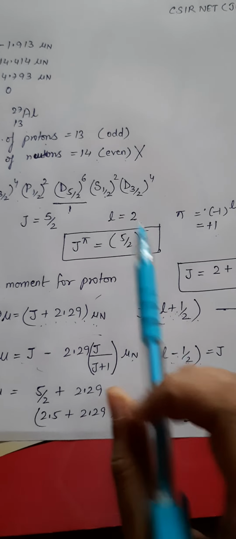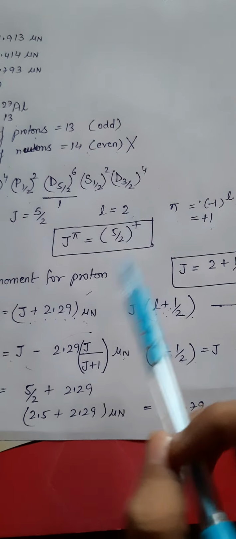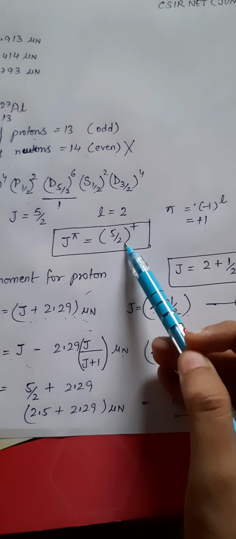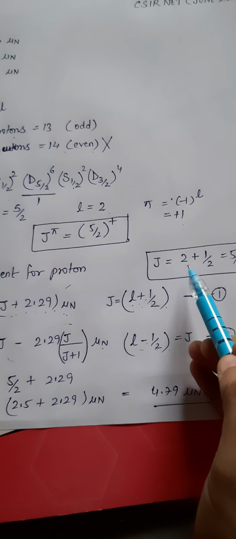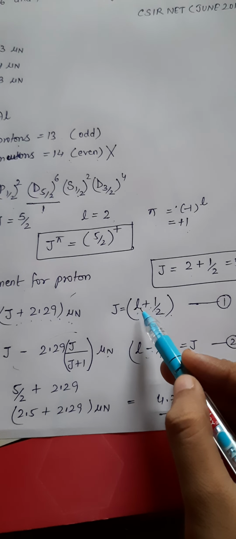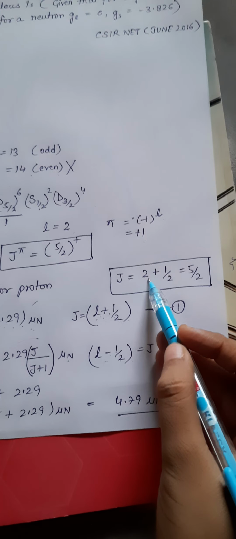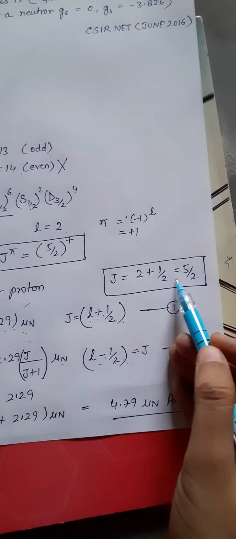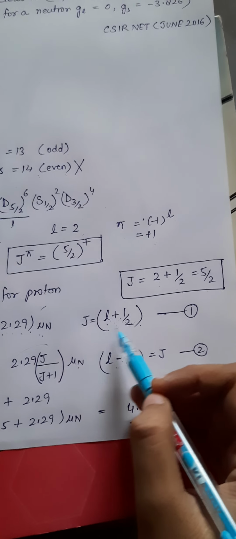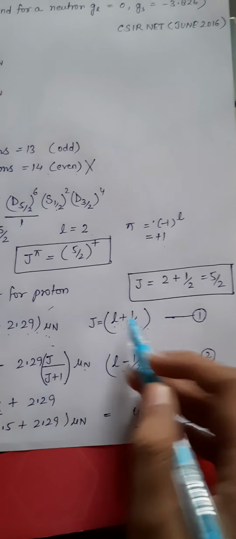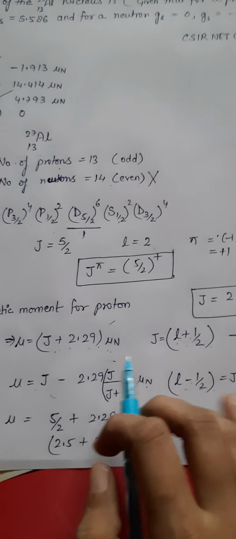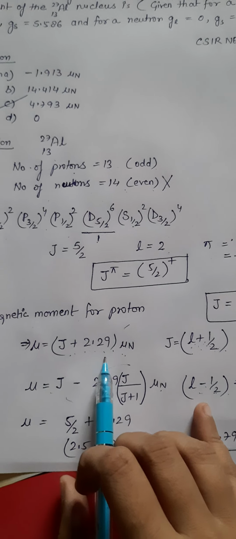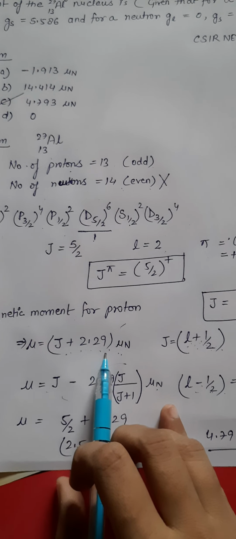But in our case we have J equal to 5 by 2 and L equal to 2. So L is 2 plus half, that is 5 by 2. So it follows the L plus half rule, and we have to calculate the magnetic moment by the formula J plus 2.29.